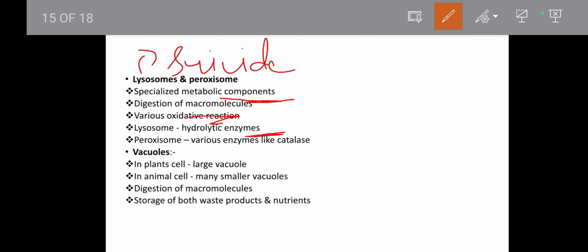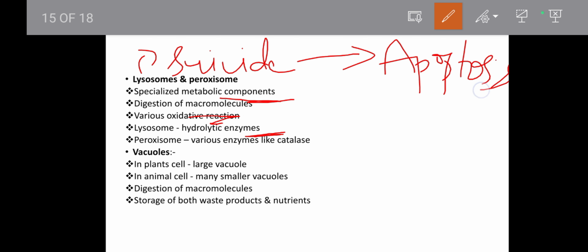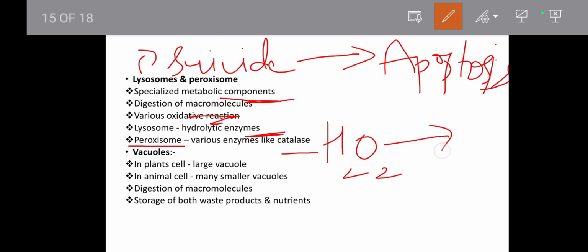It is also involved in the process of apoptosis. Peroxisomes. Peroxisomes contain various enzymes like catalase. So this catalase is mainly involved in converting toxic hydrogen peroxide to non-toxic water.